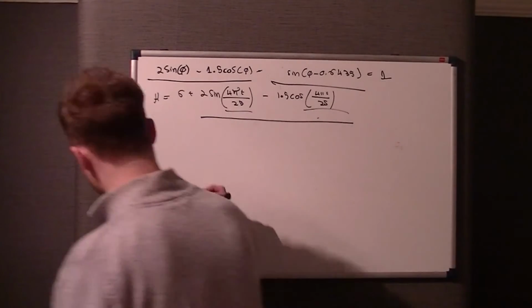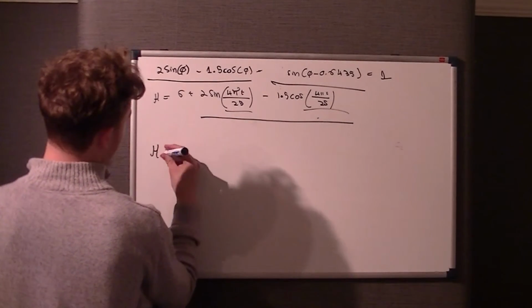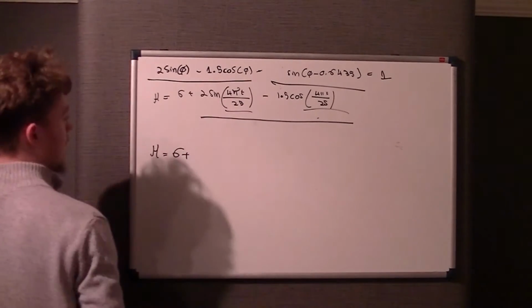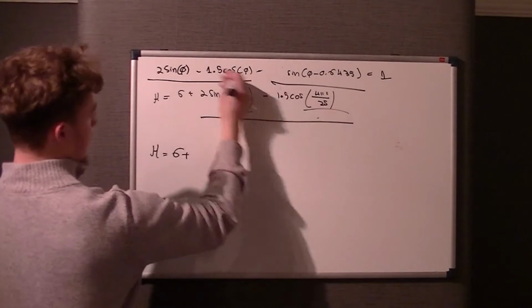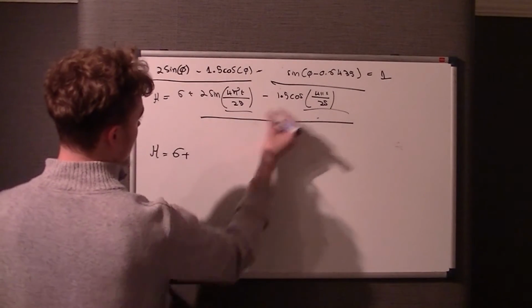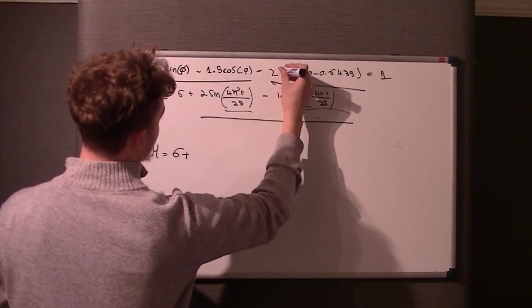Another way, probably a better way of starting to write it. It's 6 plus 2 sine 4 pi t over 25, take this, but we said that was essentially equal to 2 sine theta, which was equal to 2.5.